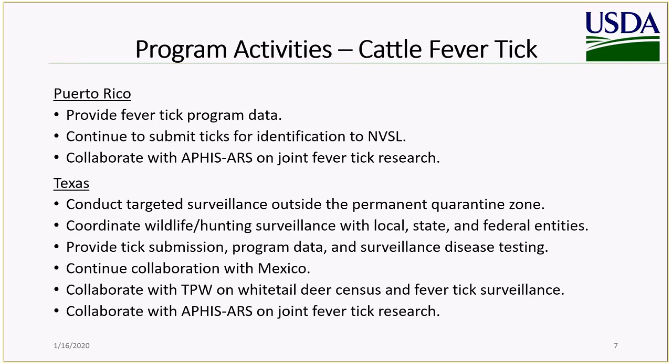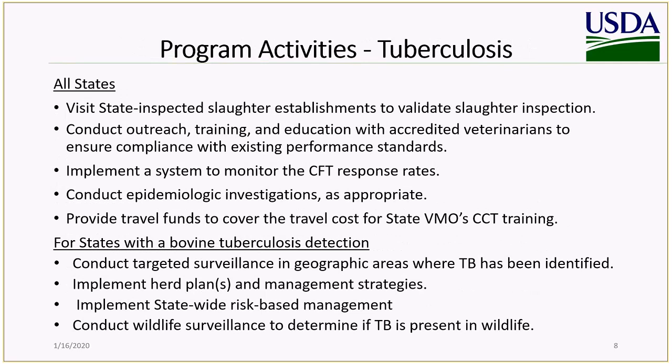For tuberculosis, again, no changes from the previous year. We'll expect all states to visit the state-inspected slaughter establishments to validate slaughter inspection, conduct outreach, training, and education with accredited veterinarians to ensure compliance, implement a system to monitor the caudal-fold tuberculin test response rates, conduct epidemiologic investigations as appropriate, and provide travel funds to cover the cost to train new state VMOs for comparative cervical test training, tuberculin training.